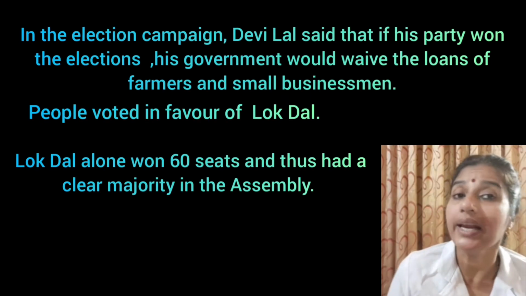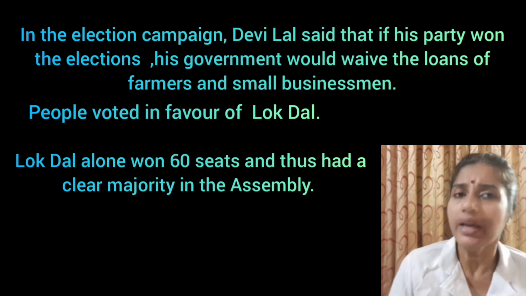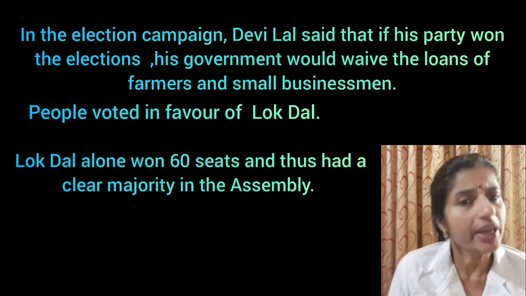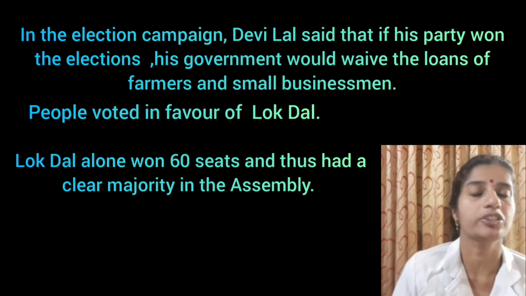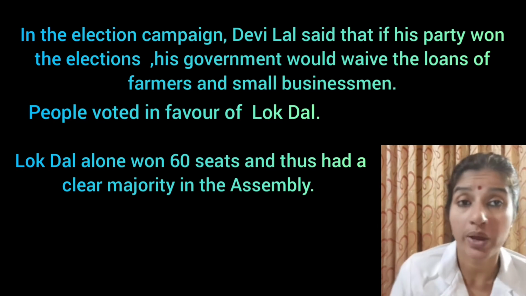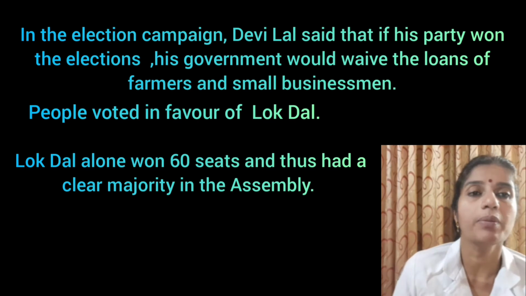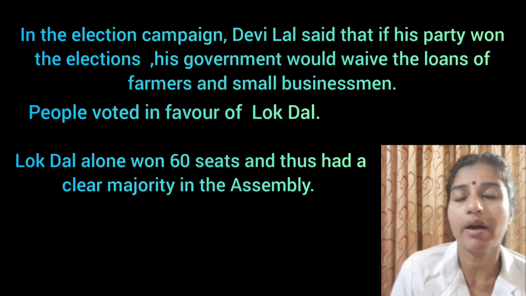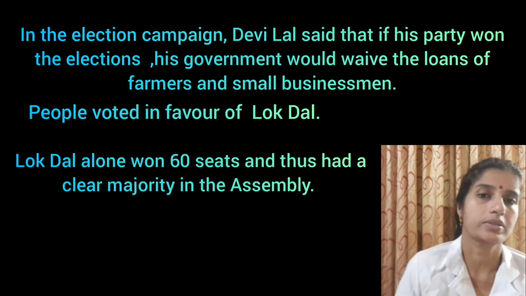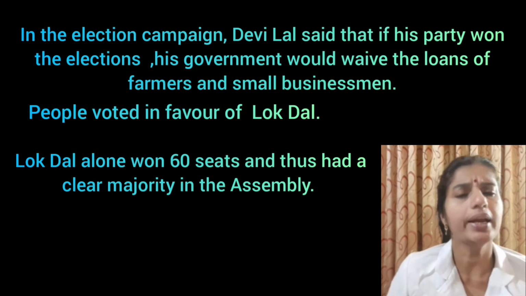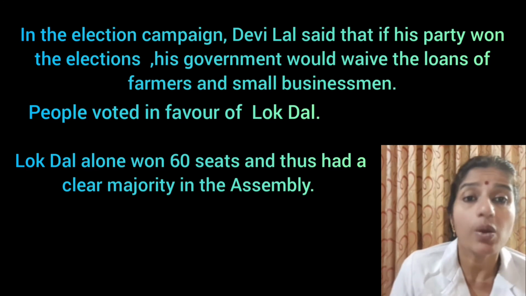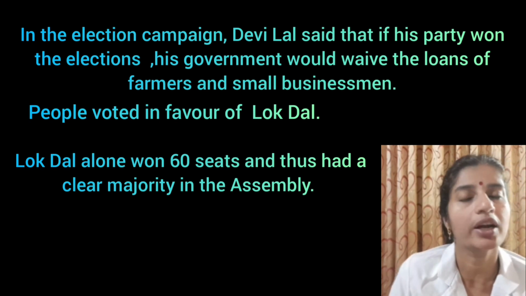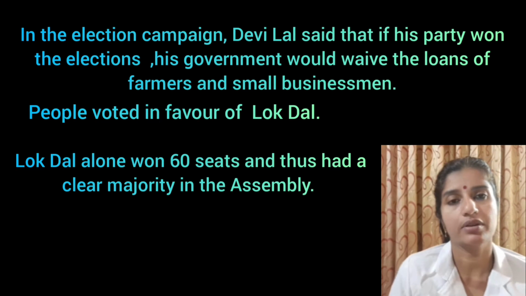Next, about the election campaign. In the election campaign, Devilal said that if his party won the elections, his government would waive the loans of farmers and small businessmen. So the people were attracted by this promise. So, when elections were held, they voted overwhelmingly in favor of Lok Dal and its allies.